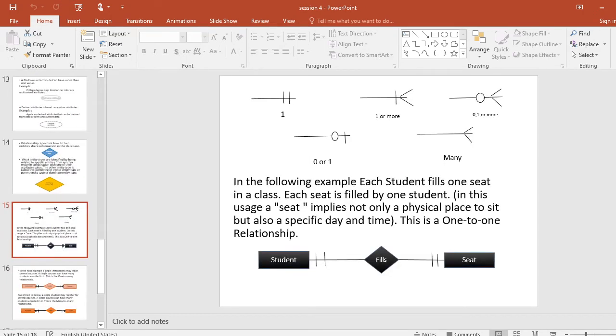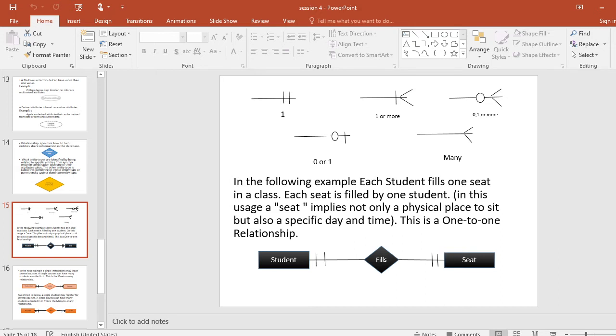Next, the diagram shows one, or one or more. Then zero or more, or zero or one, or many, as the diagram shows.